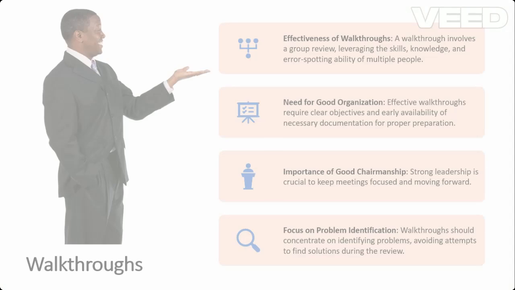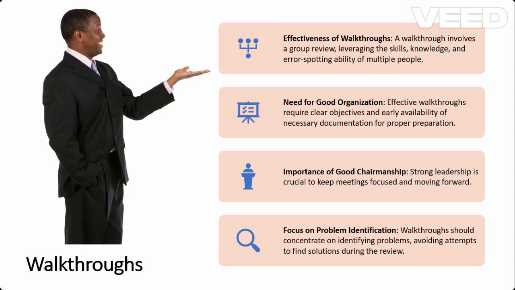Then we move on, ladies and gentlemen, to the walkthrough. So a walkthrough is simply a group review done on a particular product and can be very effective because the skills, knowledge, and eyesight of many people, the ability to spot errors, are brought to bear.